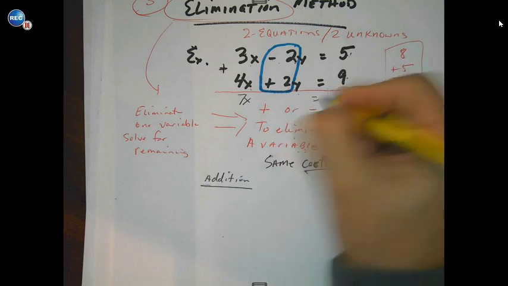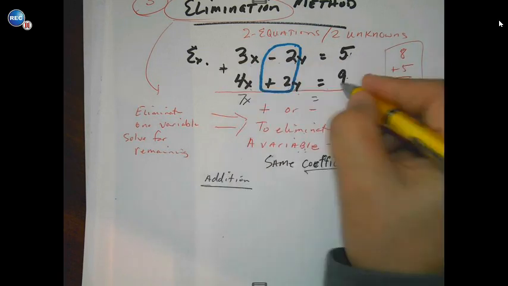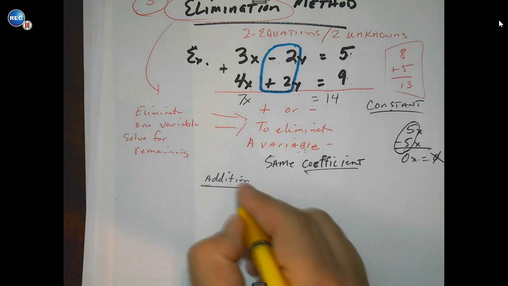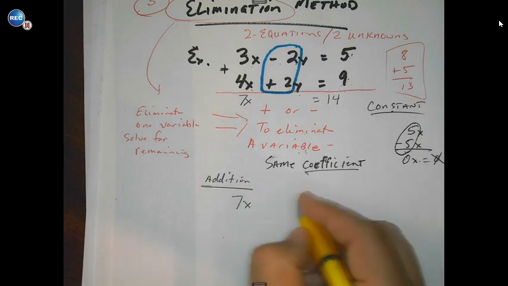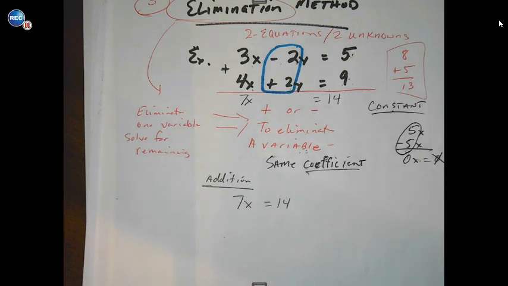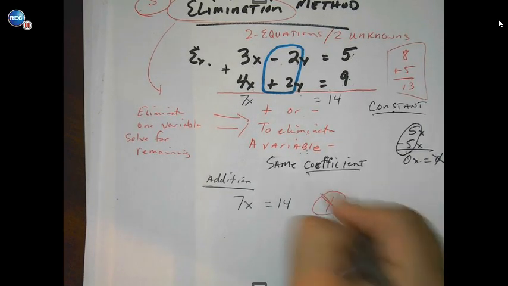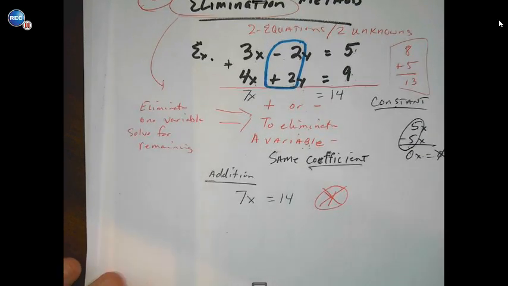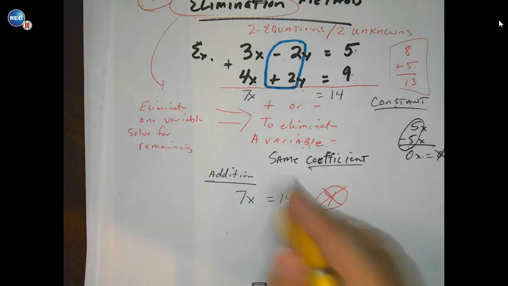And then we have 5 plus 9, and we have 14. So I'm going to rewrite that: we have 7x equals 14. And lo and behold, the y variable is gone, because that's eliminated. And so now we solve for the other variable.